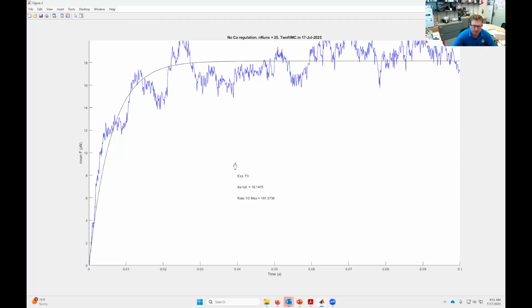This little exponential fit is shown in the black line, where the asymptotic value is how high things get on the flat asymptotic side. That should have units equivalent to piconewtons in this example. I also keep track of the rate to the half maximum, which should be in units of per second.